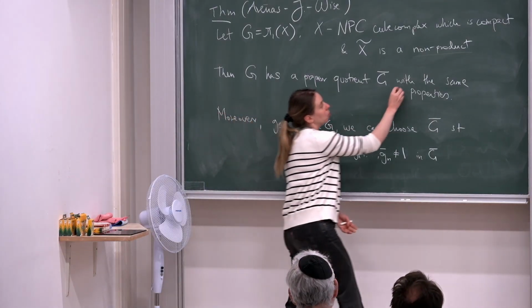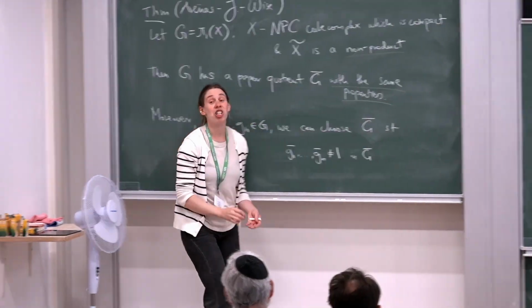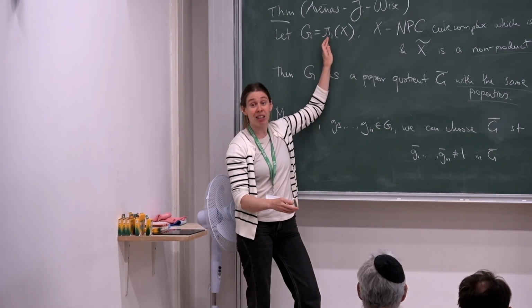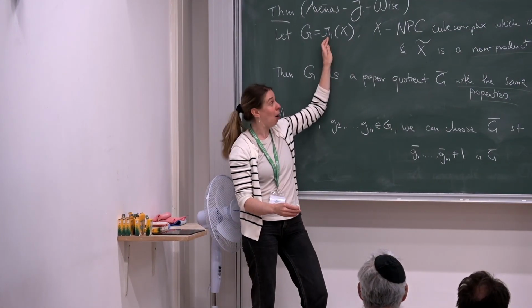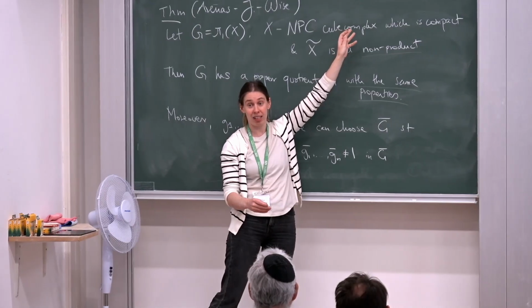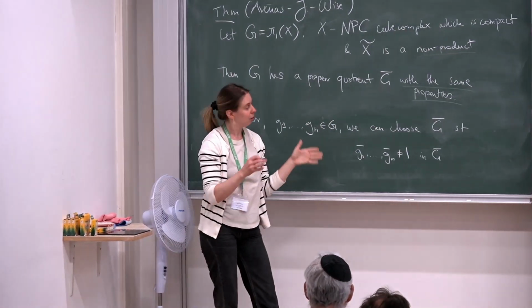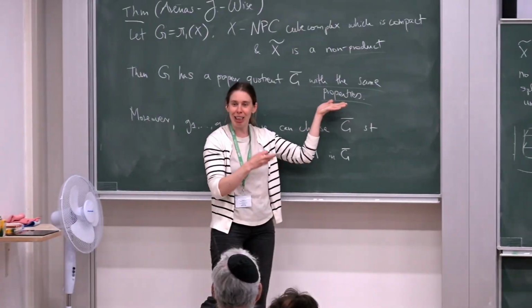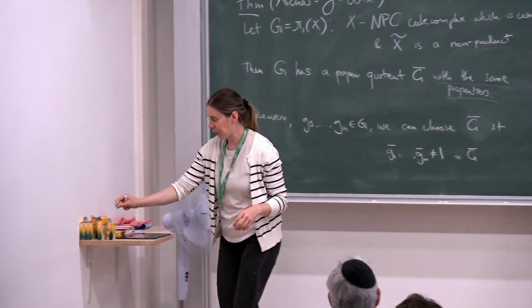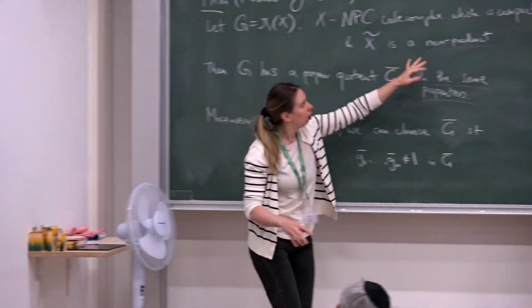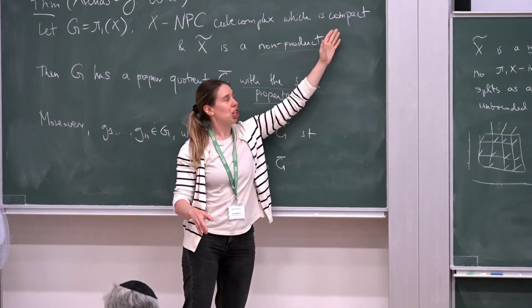But really this part where I say that this quotient has the same property, so in particular, it's the fundamental group of a non-positively curved cube complex, a compact non-positively curved cube complex, I started with something that's compact here, is kind of the difference. So in other words, I could also change the assumption a little bit.